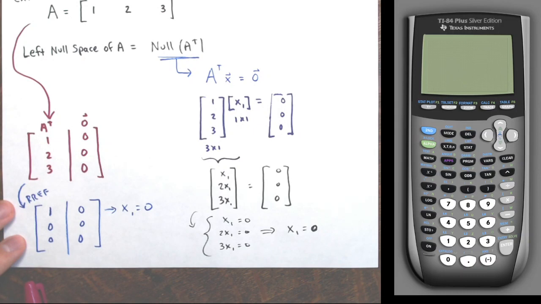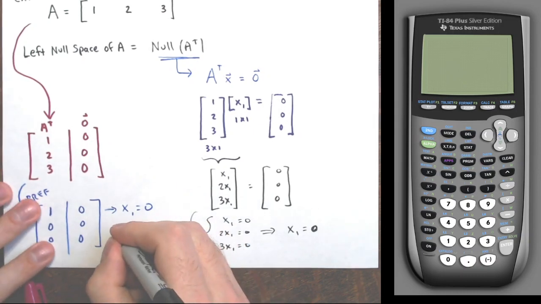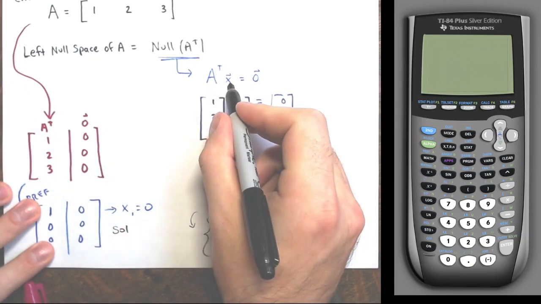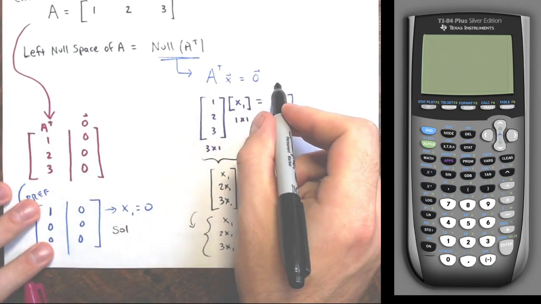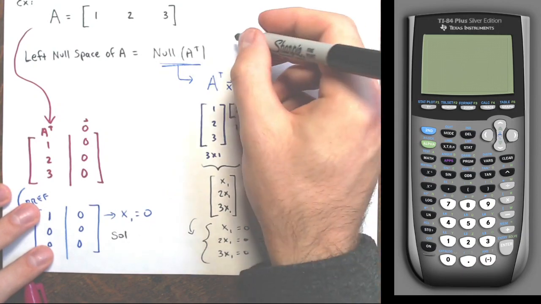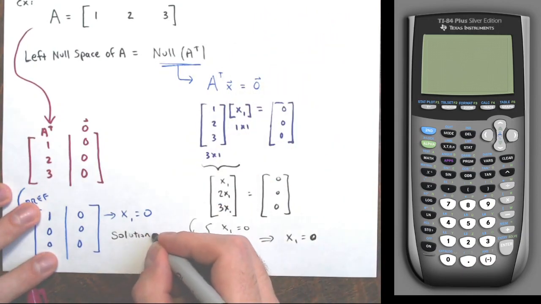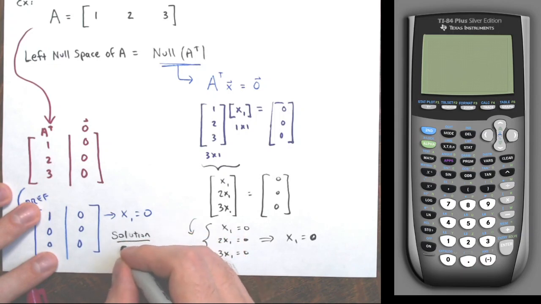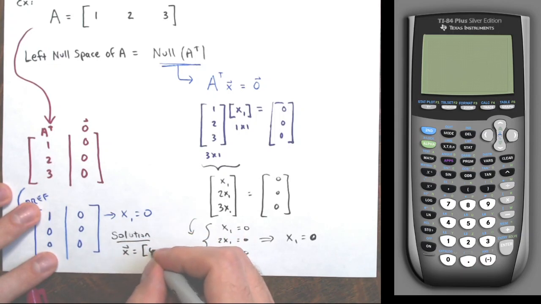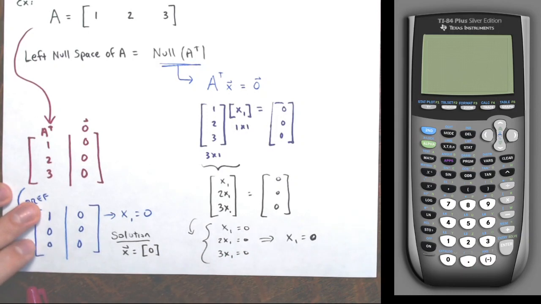Right? So the solution to this equation here, that A transpose times some vector equals 0, or some vector times A equals 0 on the left, the only solution here is x has to be replaced by the 1 by 1 0 matrix, just the 0 vector, right? This is from R1, right? And that's it, only the 0 vector.